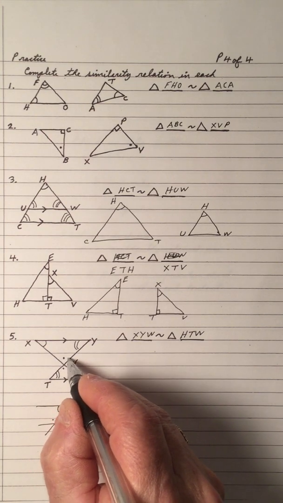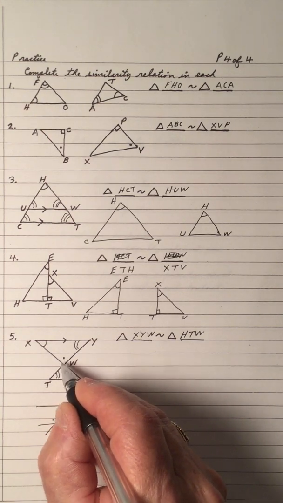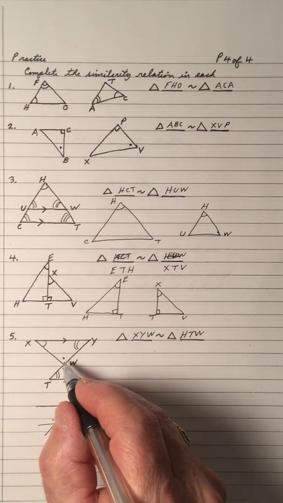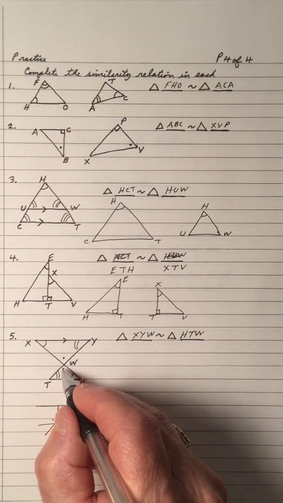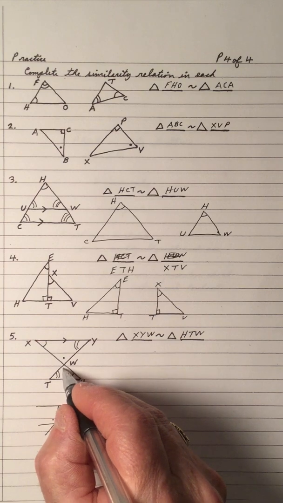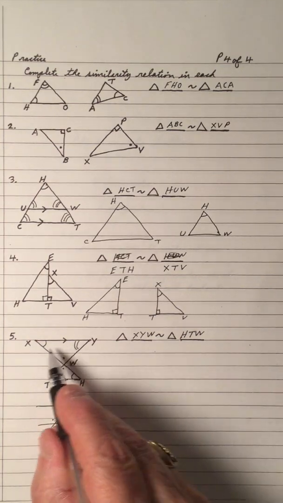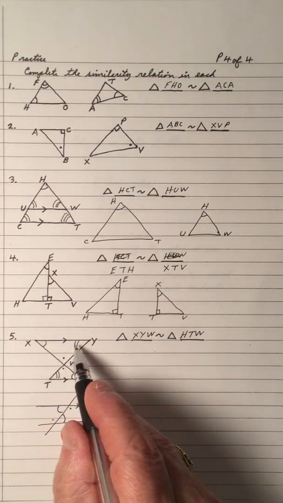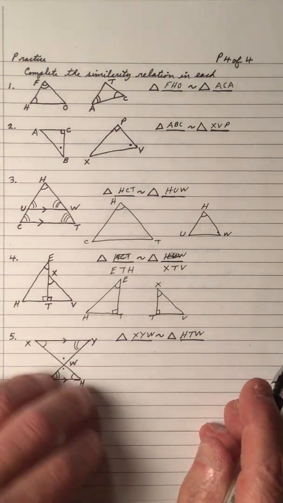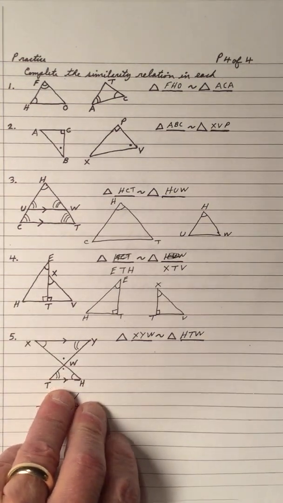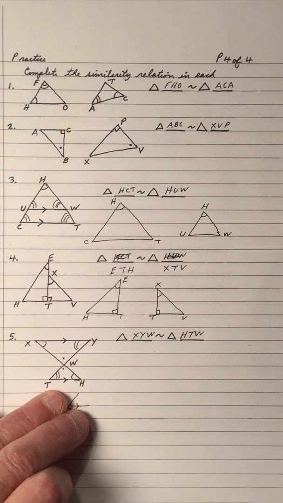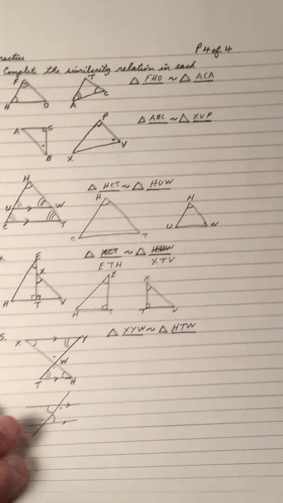This angle right here is equal to W is equal to W because they're VOAT, vertically opposite angles. But I only need two, so I went with these two because of the parallel lines, alternate interior angles equal. So that's dealing with proving or getting triangles similar by AA similarity.